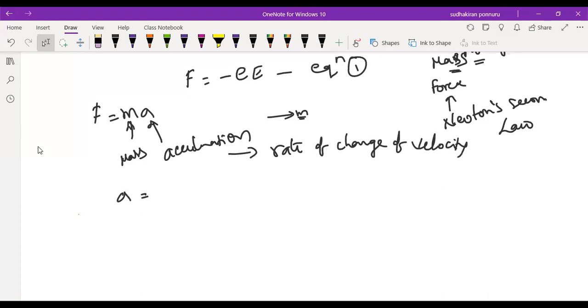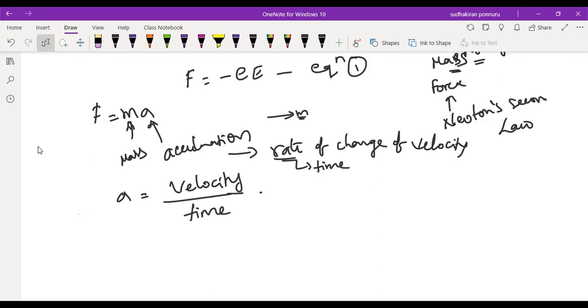Simply put, it is velocity per time. Rate, as I told in the earlier class, is defined with respect to time. So rate of change of velocity is nothing but velocity per time. But here we will make a correction to this definition for this application, that is, conduction current density. I will explain why we make that correction.